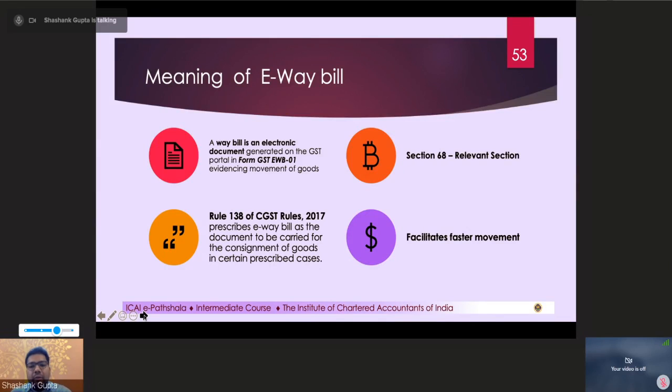Remember, I had given you an example yesterday that there was a menace of fake invoicing, fake transfer of credits, wherein suppose someone had a credit of 10 crores available with him in Delhi.